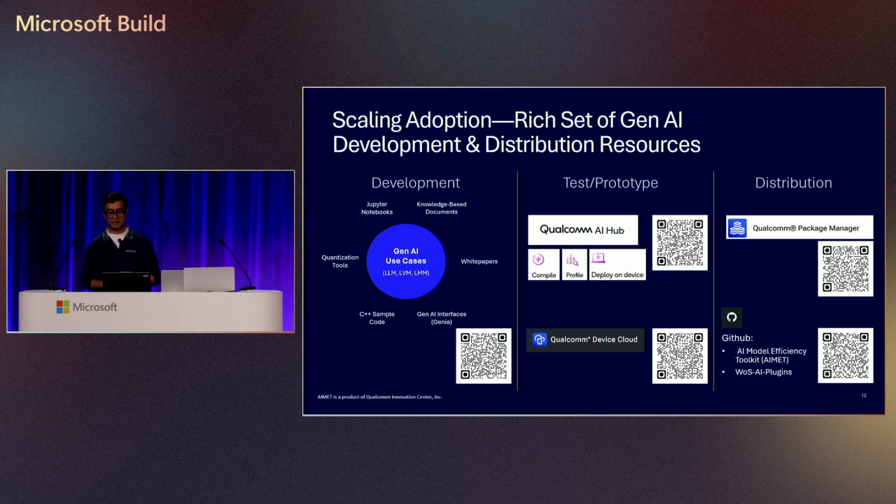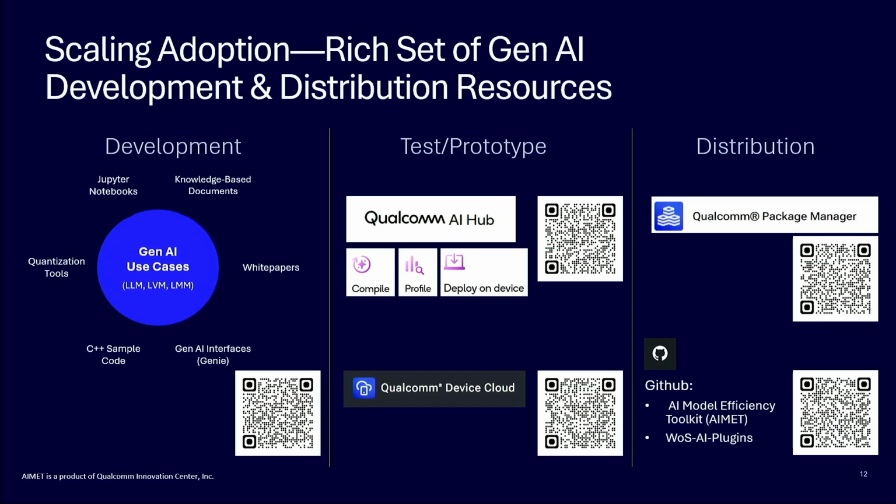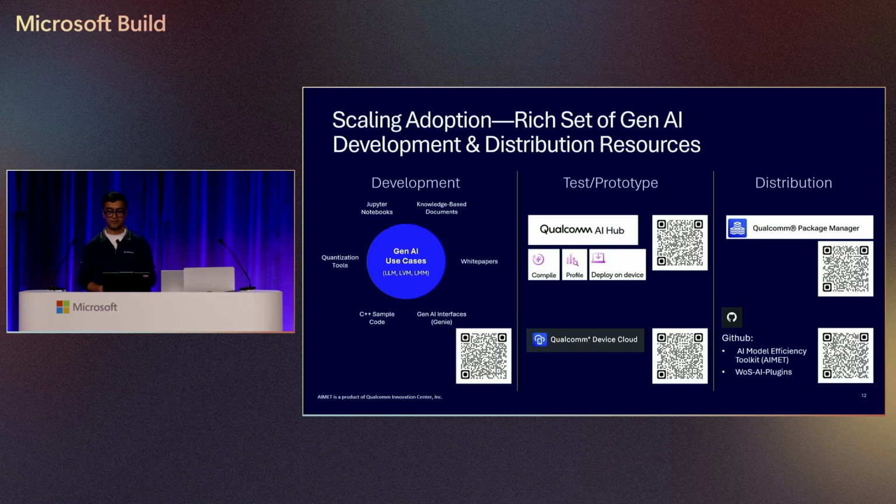We also have a resource called Qualcomm AI Hub, which provides you access to different Qualcomm Snapdragon-based devices, different form factors, so that you can test your use cases across all of them, like XR, VR, IoT, automotive, etc. And we also contribute heavily to GitHub. You can see some of the projects we have posted in source code, and you can take that info.